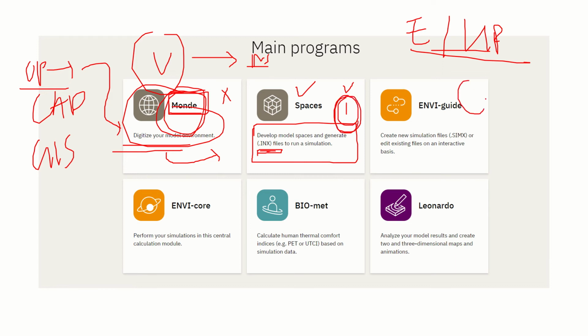The second tool that we'll be using is NVMet Guide, where we try to create simulation features or simulation time. For example, let's say I want to simulate for November 23rd, 12 to 1 p.m. So we have to create a file which gives an input to the model, saying we need to run a simulation for 1 hour, from 12 to 1 p.m. on a particular day, with particular meteorological characteristics.